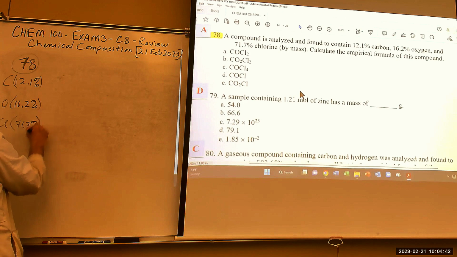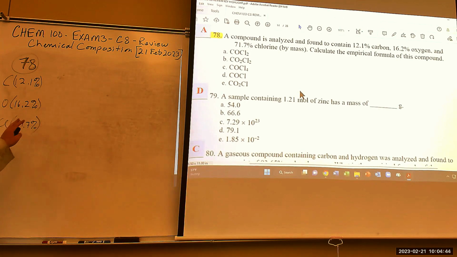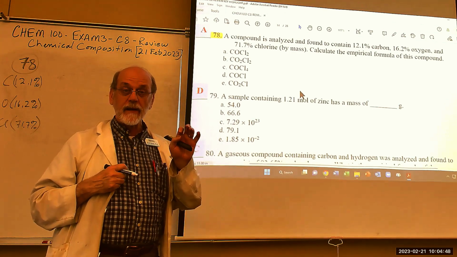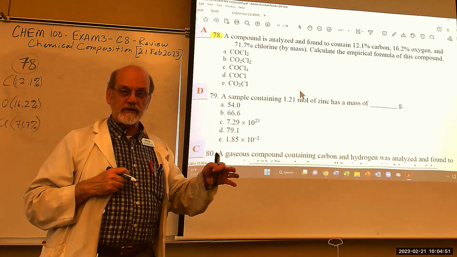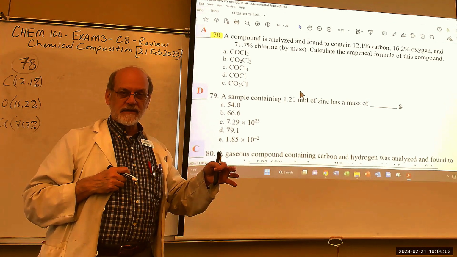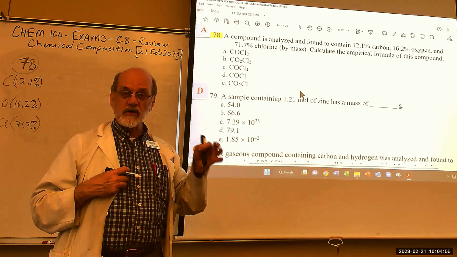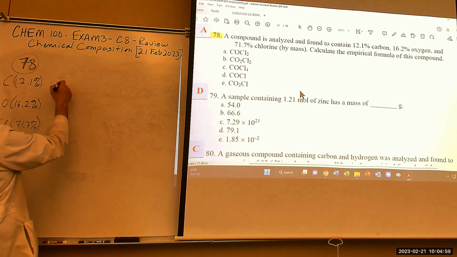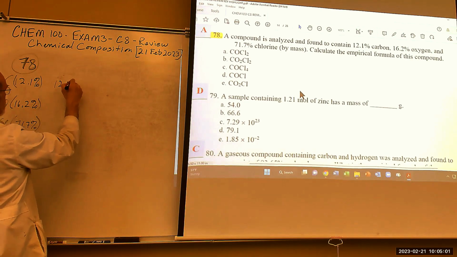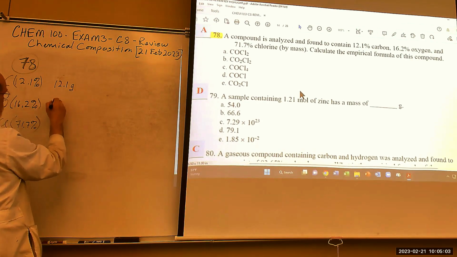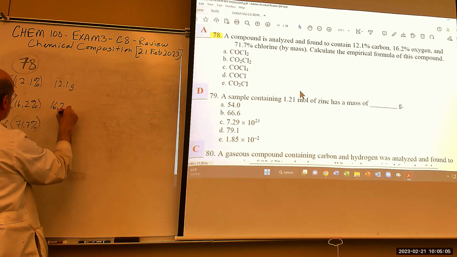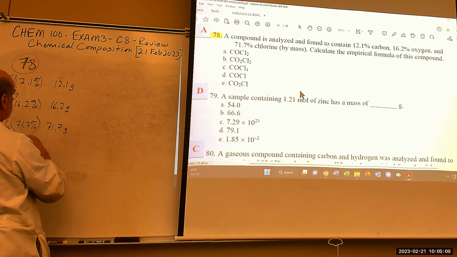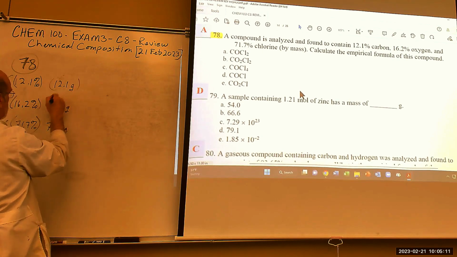Right? So when you're faced with this problem, you assume 100 grams. Why? Because percent is parts per 100. So if we say it's 100 grams, then the value of percent is the mass. So this is 12.1 grams of carbon. This is 16.2 grams of oxygen, 71.7 grams of chlorine.